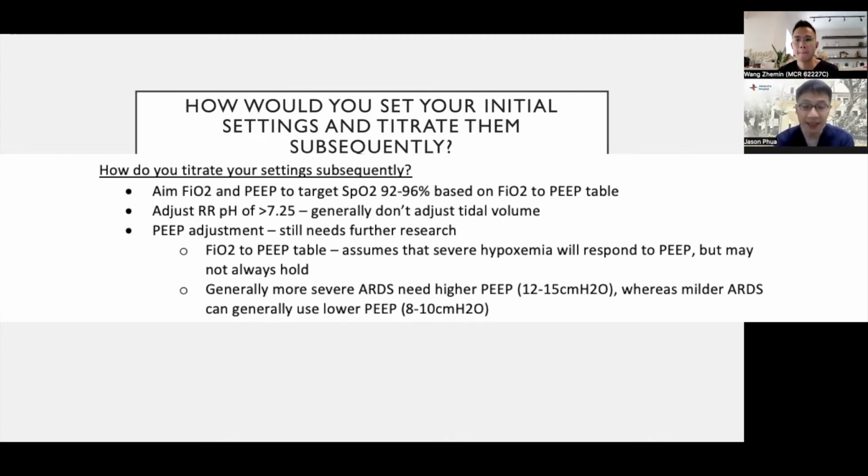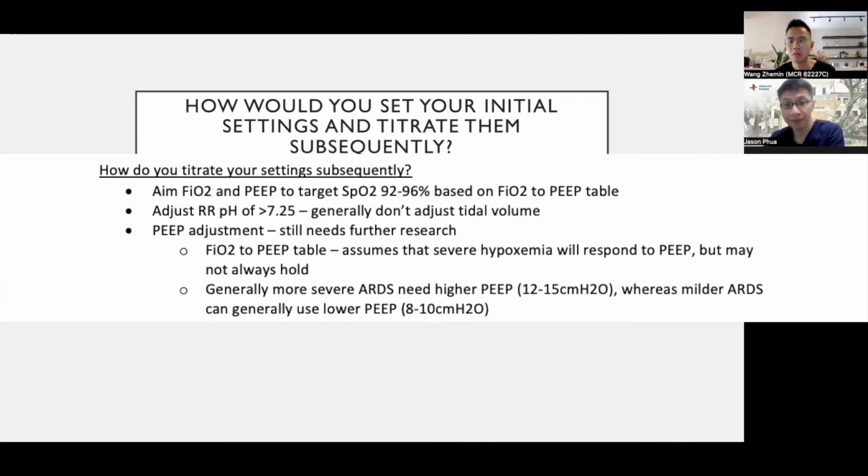Personally, even though those tables do tell us that for a patient who's on as high an FiO2 as 0.8 to 1, the PEEP can go to crazy amounts like 18, 20, 22, even 24, I never do that. Based on some evidence, a meta-analysis of 3 big randomized controlled trials, for moderate to severe ARDS we need a higher PEEP, and for mild ARDS we don't.